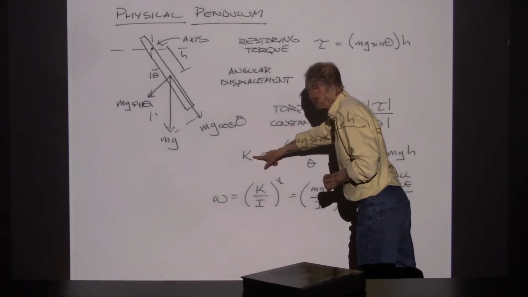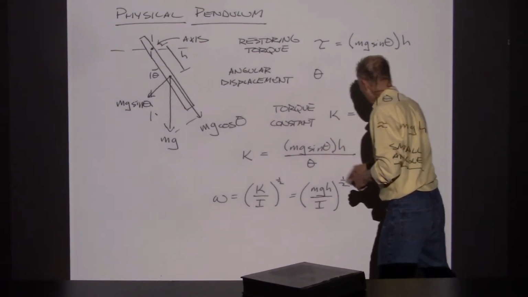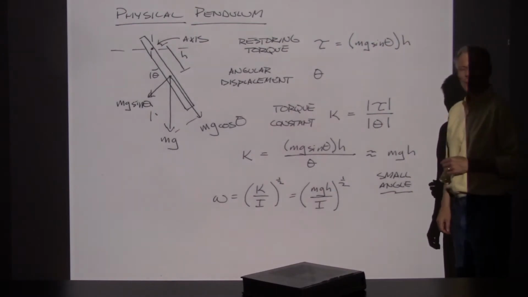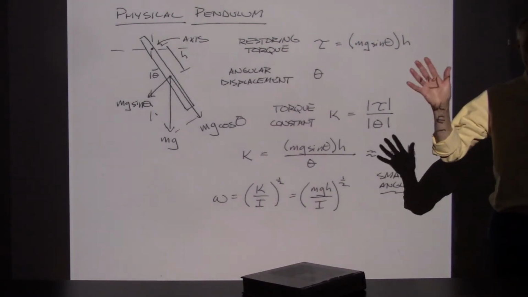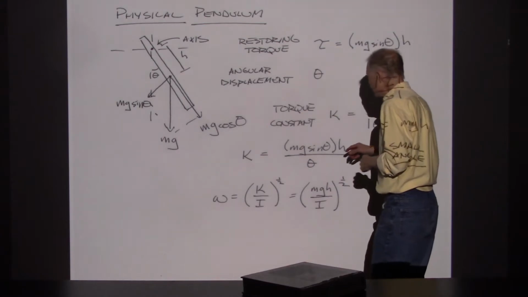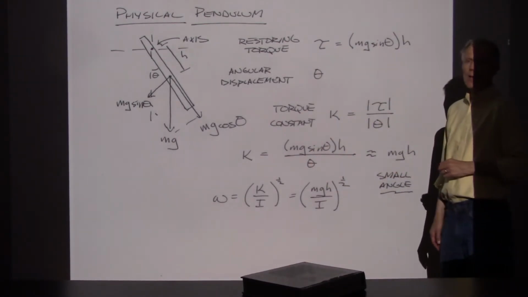So the torque constant will be mg sine theta times h over theta, and again, we'll limit this to small angles. So let's say, okay, we promise we're never going to let this thing oscillate with a large angle. We'll keep it below 5 degrees, something like that. And then you have permission to go ahead and cancel out the sine theta and the theta.